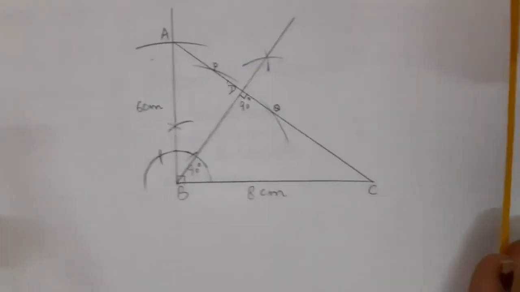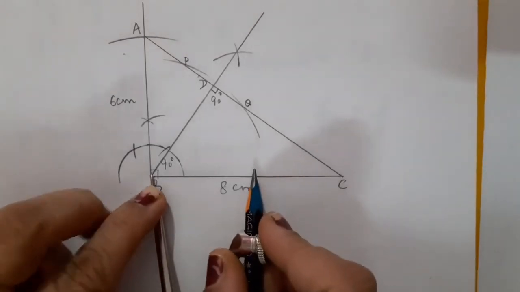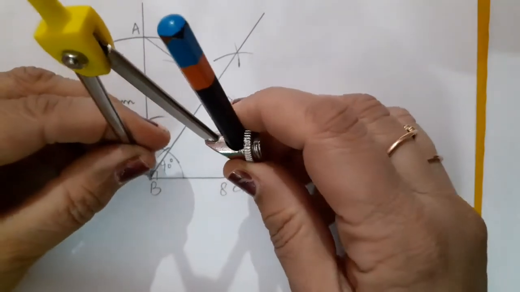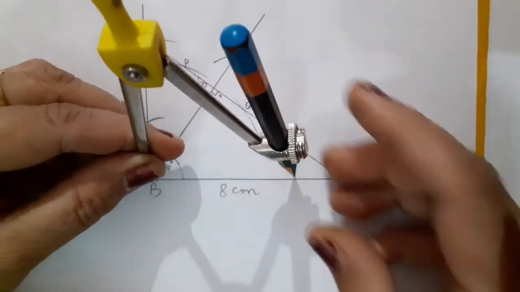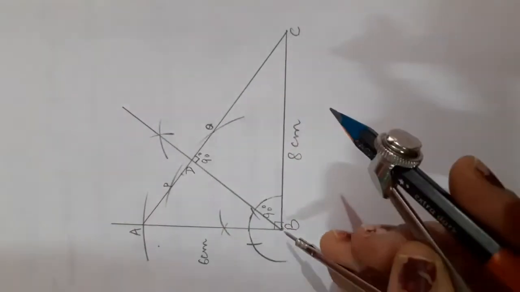So let us take more than half of this length so that we can draw the perpendicular bisector. This is more than half, children, you can see.